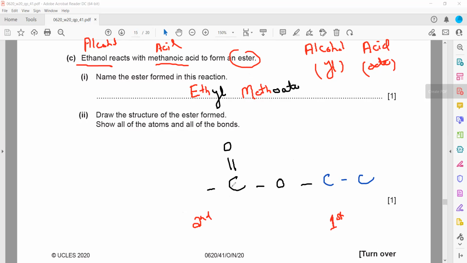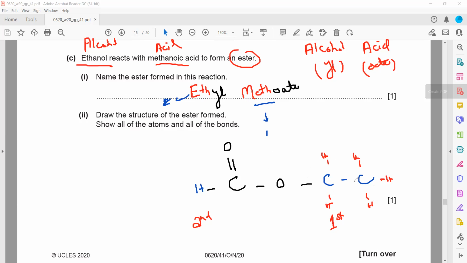Methanoate, meth means one carbon, so one carbon is already there, so we don't have to attach any carbon. Meth means one carbon, eth means two carbons. So two carbons are attached to oxygen and there is no other carbon attached to the C double bonded with O. Then we will draw the remaining hydrogen. This will have two hydrogen atoms. This will have three hydrogen. So this is the structure of ethyl methanoate.